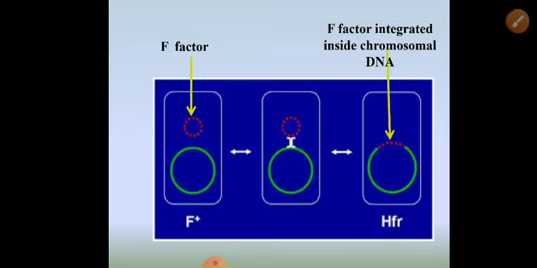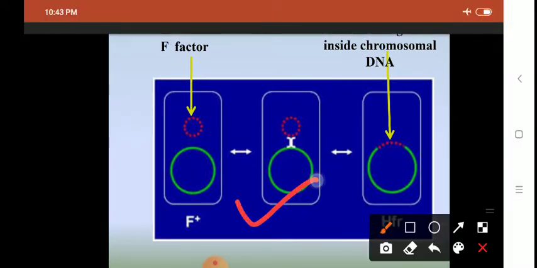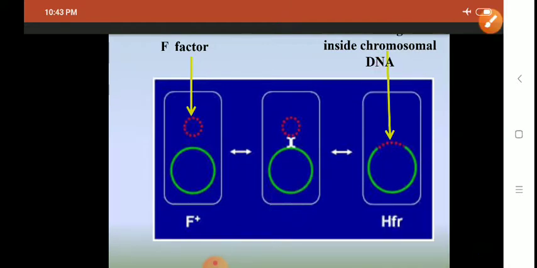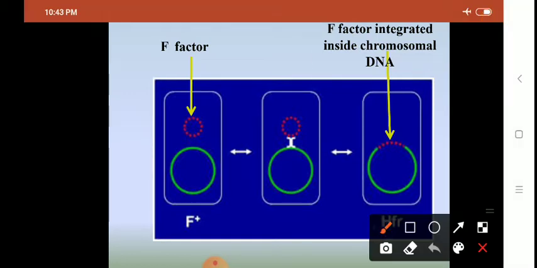You can see in this diagram, in red color, there is the F factor or plasmid. Such a cell having the F factor is called an F plus cell, F plus male donor cell. In the second figure you can see crossing over taking place, and in the third diagram you can see that the F factor is integrated inside the genomic DNA of the donor cell.